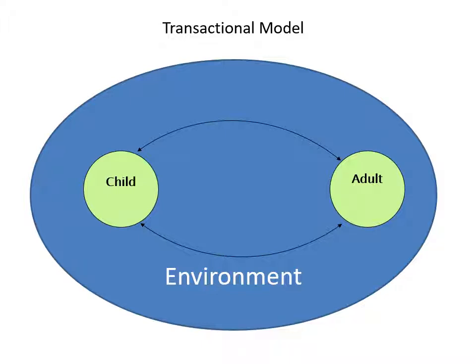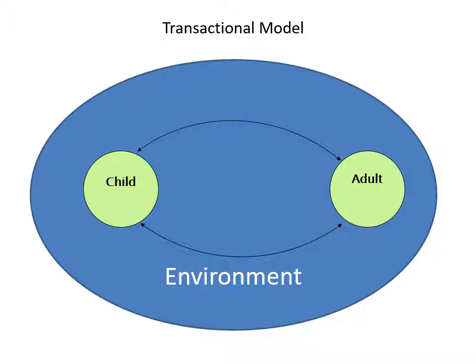So do you see this as a reciprocal, kind of cyclical relationship? It goes both ways. So if the child is not capable of doing something, having a really hard time and melting down, that's going to influence the adult to respond in certain ways.